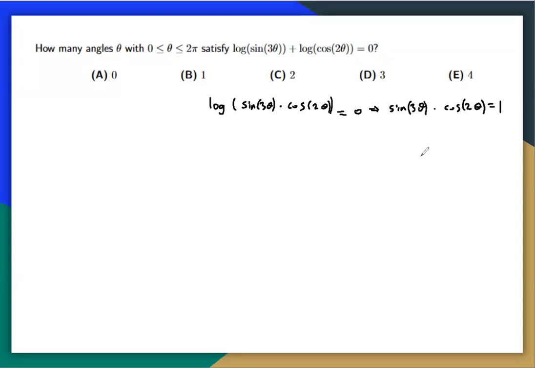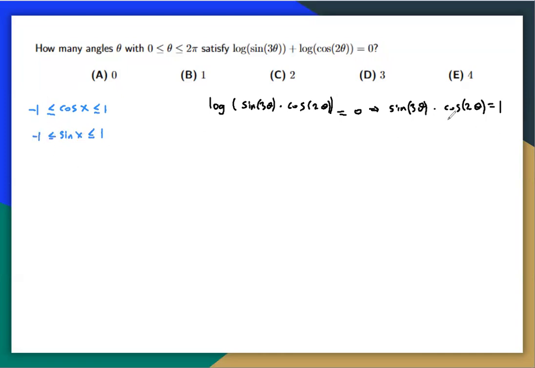Now we know that the product of a cosine and a sine value is 1, but how is this possible? Let's remember our basic values of sine and cosine. The sine or cosine of any angle has to be at most 1 and at least -1.